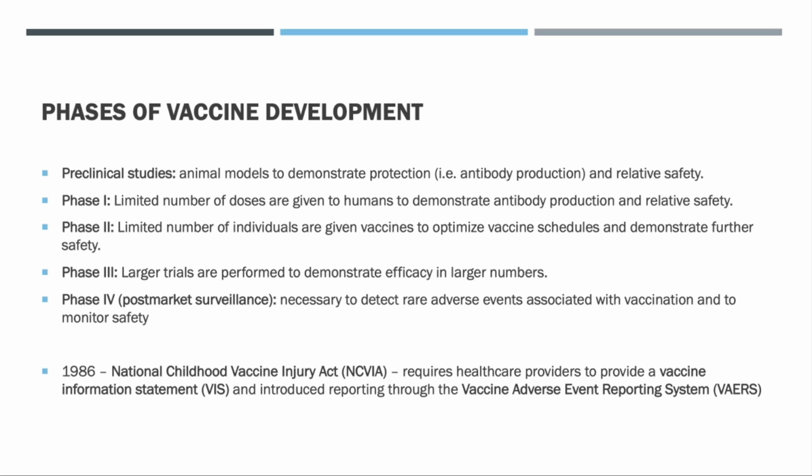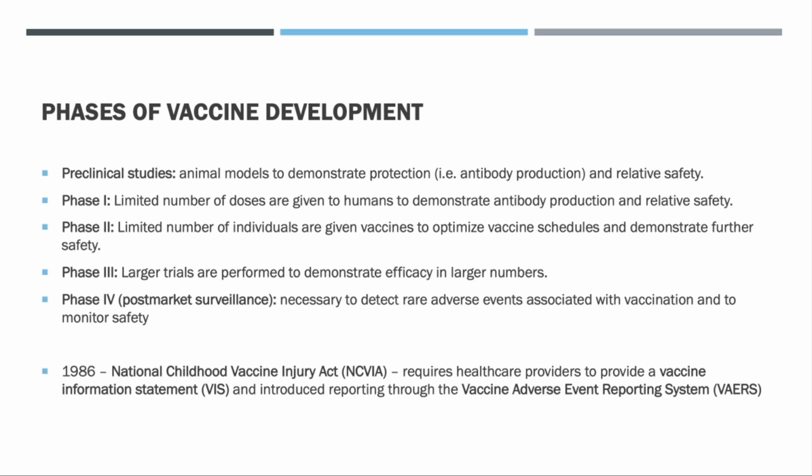Phase 1, when a limited number of doses are given to humans, followed by phase 2, when you give it to a similarly limited number, but with attempts to optimize the vaccine schedules and demonstrate further safety. And then phase 3 being your larger trials to demonstrate efficacy in large numbers, which tends to be what we hear about more commonly with vaccine trials before they're marketed.